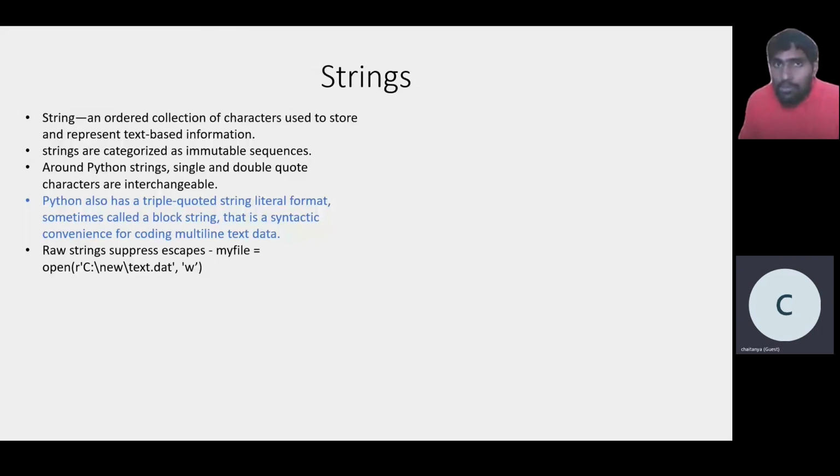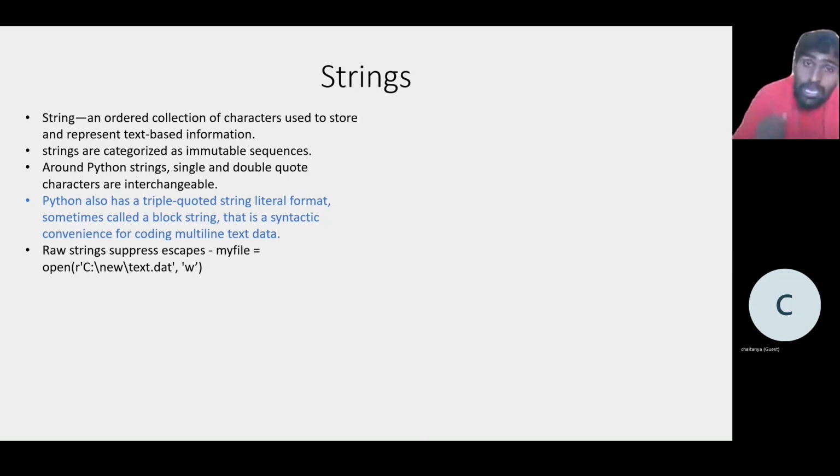If you want to give a tab space, it is difficult. For that we use some special characters to include these things. That is the reason we are using \n for new line, \t for the tab.